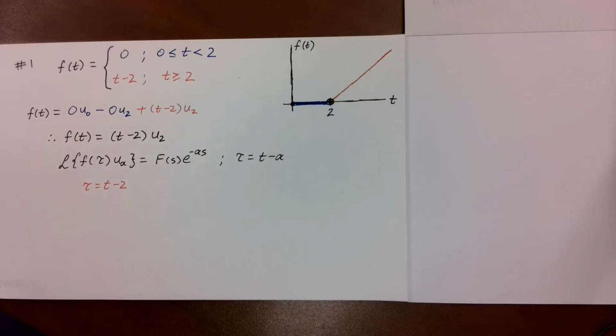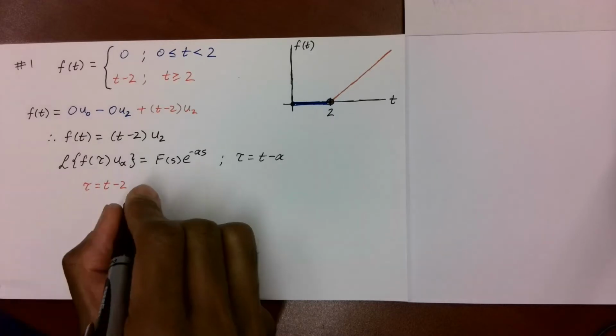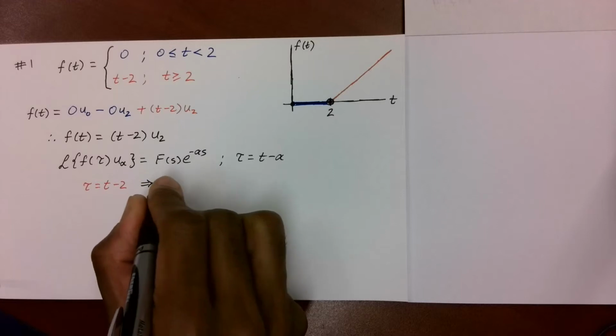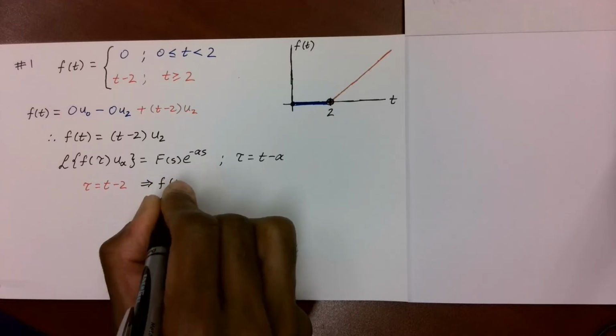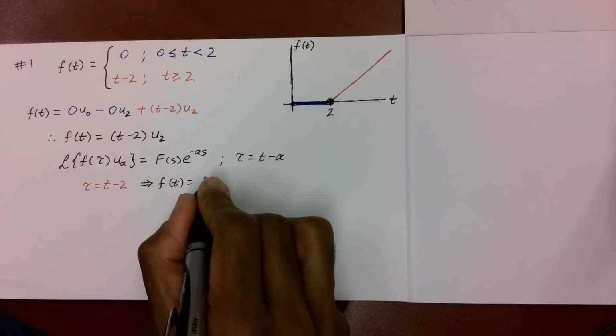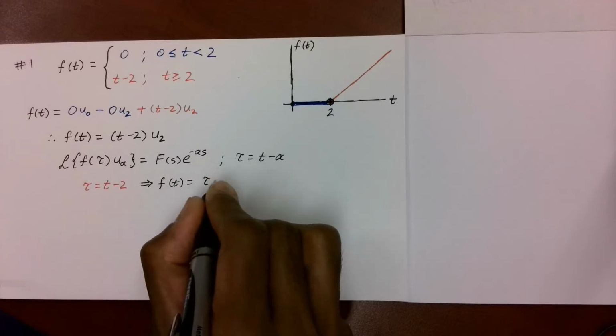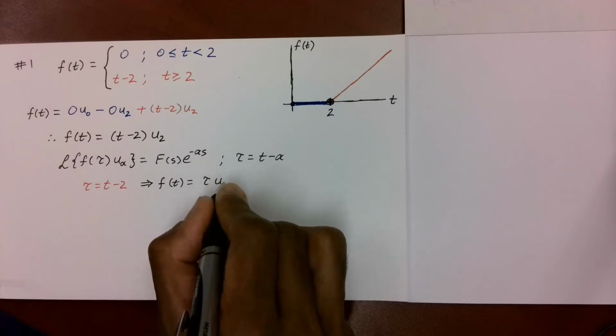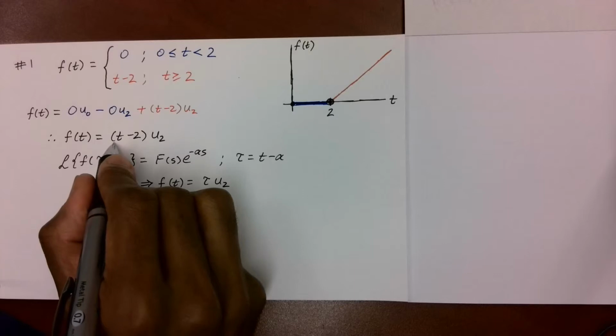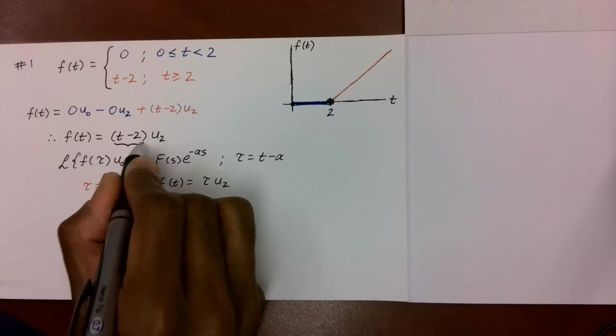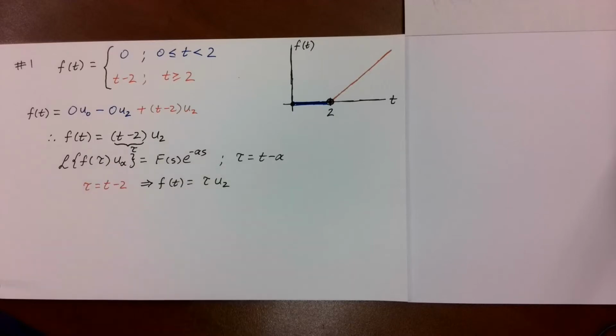Well, if tau is t minus 2, then f of t becomes tau u2, because I can replace this t minus 2 with the tau.